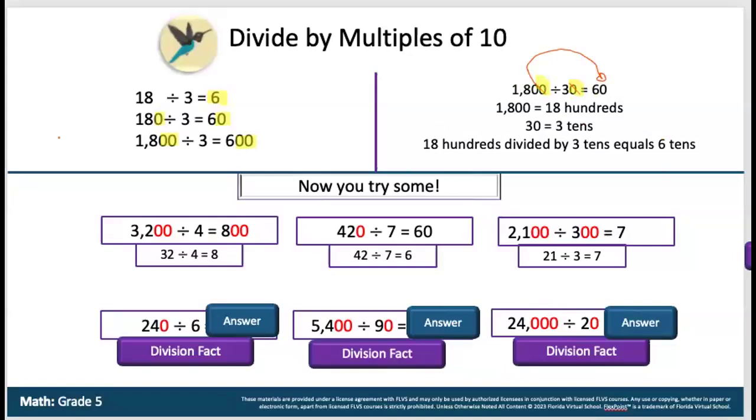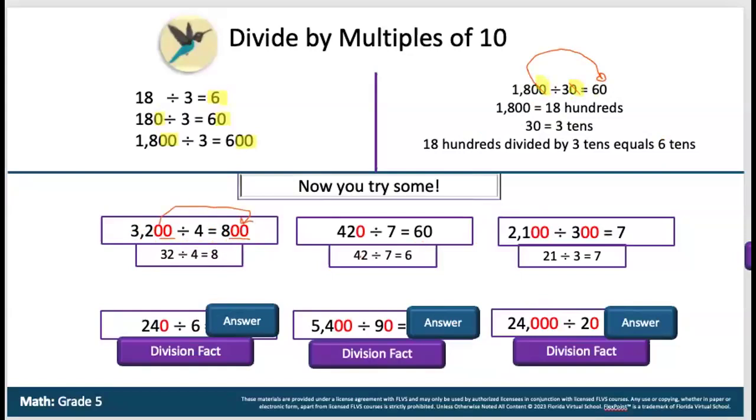So I know that when I try some of these out here and I'm following that pattern, I'm going to be getting that same answer. So 32 divided by 4 is 8. 2 place value holders are put in at the end. So I'm going to get 800.